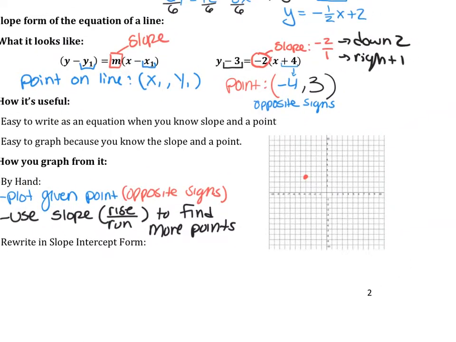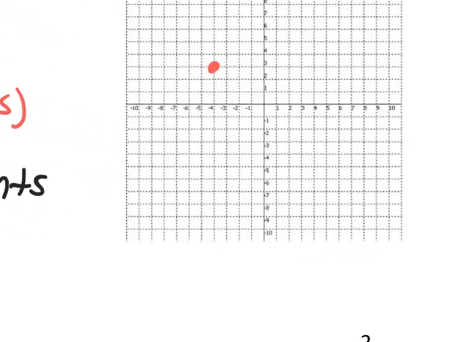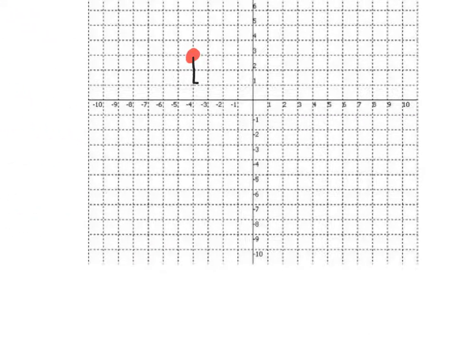So we said our slope, since it's -2, that means we're going to go down 2 and right 1. So start from my point, down 2, right 1. Down 2, right 1.